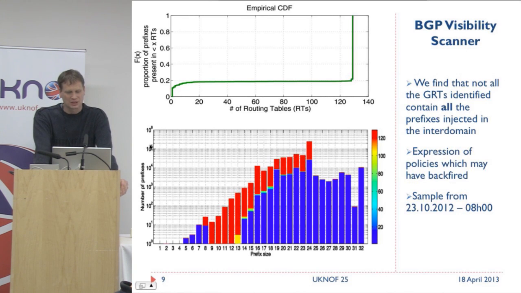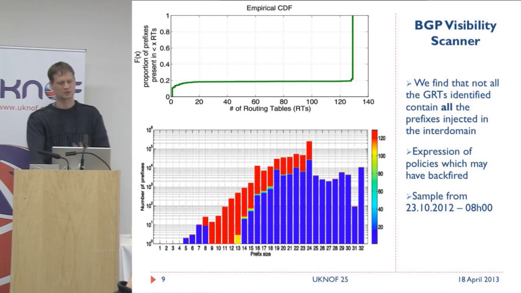The different colors show on how many observation points certain prefixes have been seen. The blue colors mean that you have seen the prefixes on only very few observation points, while the red colors mean they have been seen more or less everywhere.